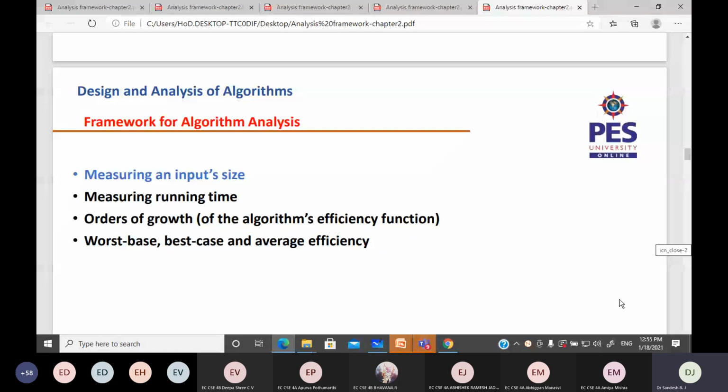For such algorithms, we need to distinguish between the worst case, average case, and best case efficiencies. So our framework's primary interest is in the order of growth of the algorithm's running time as the input size goes to infinity. So just a recapitulation of the analysis framework.